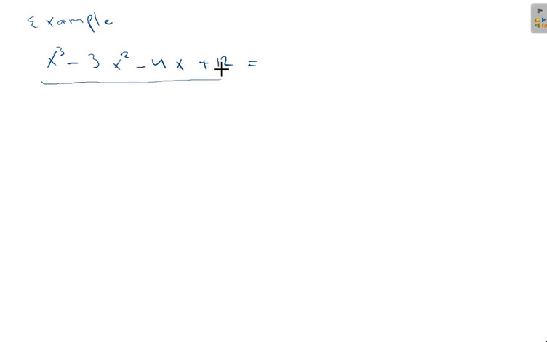So here the plus 12 divided by 4 equals 3, okay, minus 3, and minus 3 divided by 1 equals minus 3. So I have something here in common.